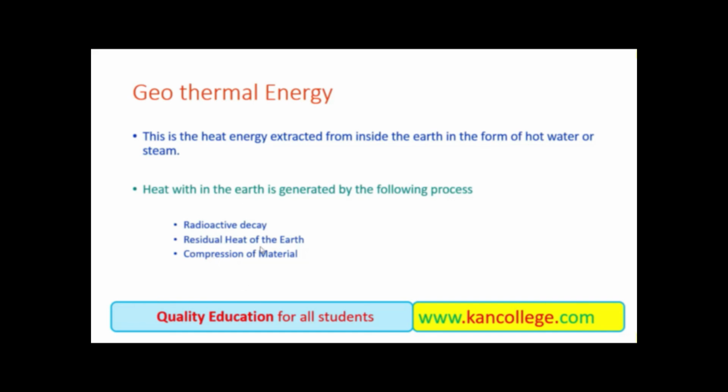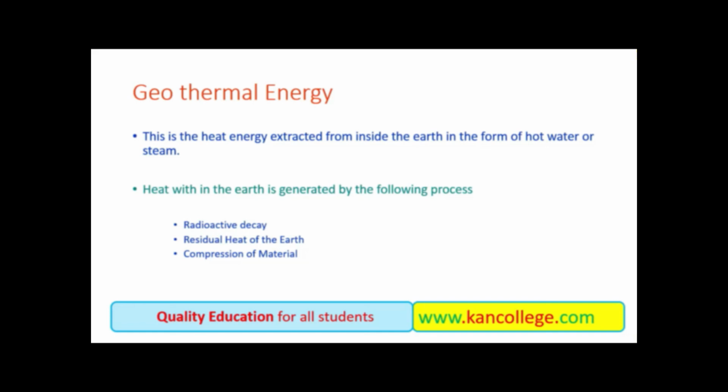Similarly, residual heat of the earth. As we know, initially the earth was a part of the sun, and when it was isolated from the sun it was very hot at that time, but after a long time the earth's crust cooled down and became a solid portion.